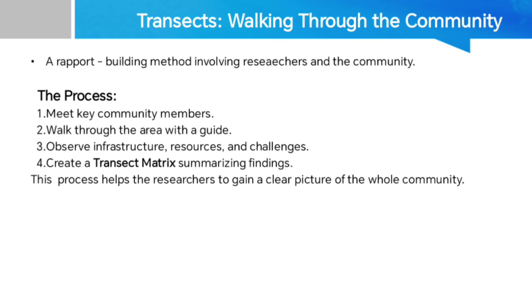This is called a transit walk, which is a great way to get a first hand look at the community's infrastructure and also its resources. After that, researchers create a transit matrix, which is a summary of all their observations. This simple tool gives us a structured way to understand a community's physical environment and also its challenges. This process helps the researcher to gain a clear picture of the whole community.